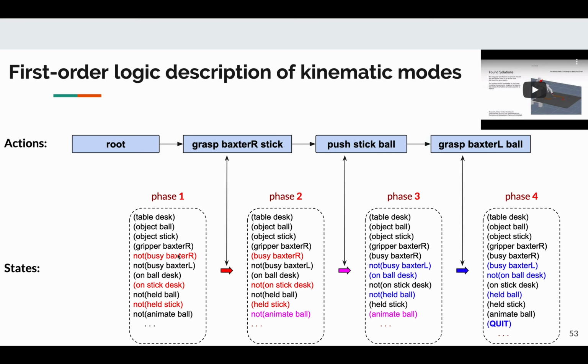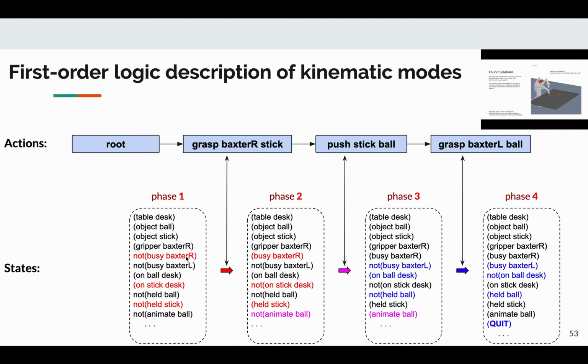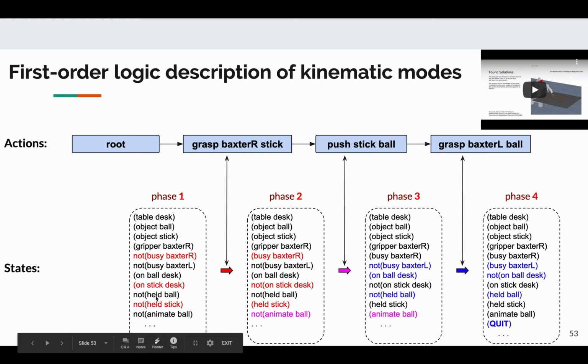We also have flags like Baxter R is a gripper, and if it holds something already, it can be busy. Both grippers are not busy. We can also check flags whether the ball is on a desk, or the stick is on a desk, or whether the ball is held or not held, and the same for other objects, like a logical representation of the world.